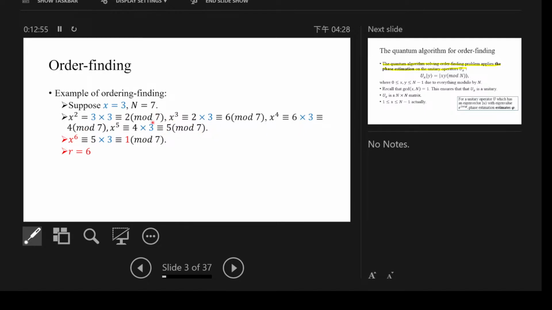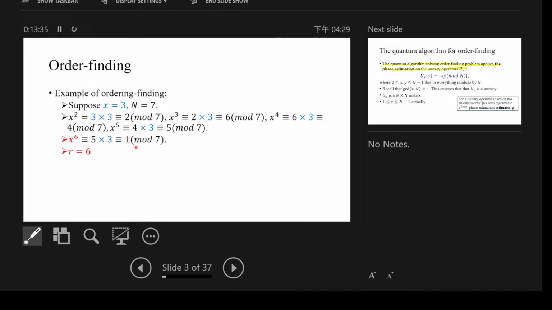Finally 5 times 3 is 15, and 15 mod 7 is 1, so r equals 6 here. There are some mathematical lemmas that if n is prime, then r will divide n minus 1, but we don't care about that. We just care about the definition of r: how many times you need to multiply x with itself to get 1 mod n. This is the order.